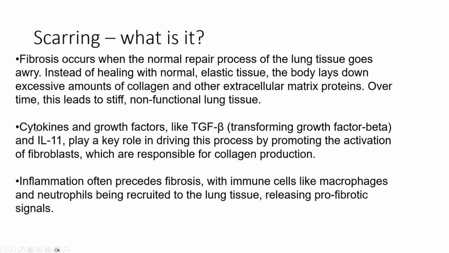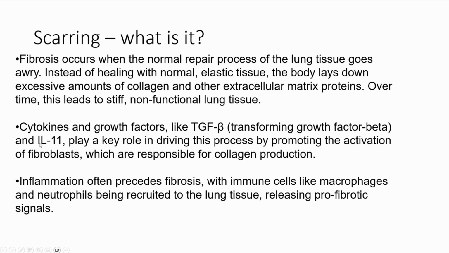Interestingly, these are complicated-sounding names, but they're just things that initiate gene expression: cytokines and growth factors. For example, transforming growth factor beta, which was originally discovered as part of cancer research back in the 80s when I was working on cancer research. And growth factor interleukin 11.